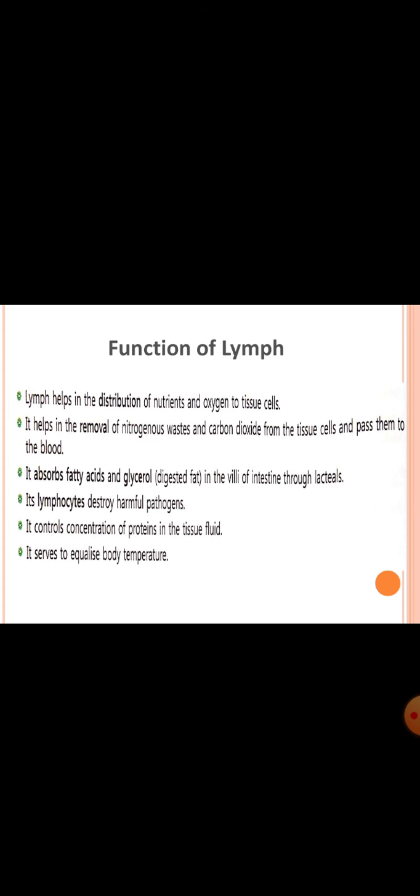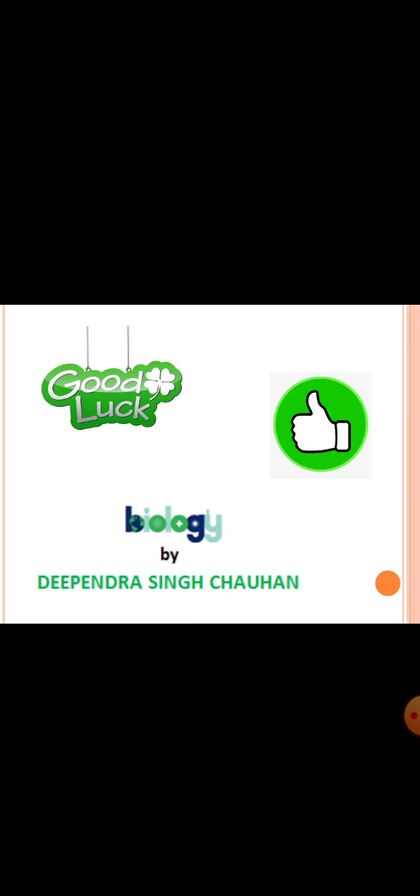There is an ABO system of blood groups found in human beings, and the human heart is four chambered and exhibits double circulation. Clear?